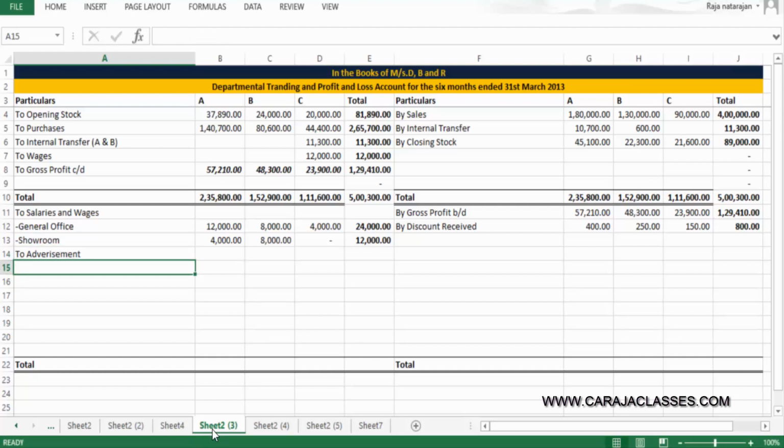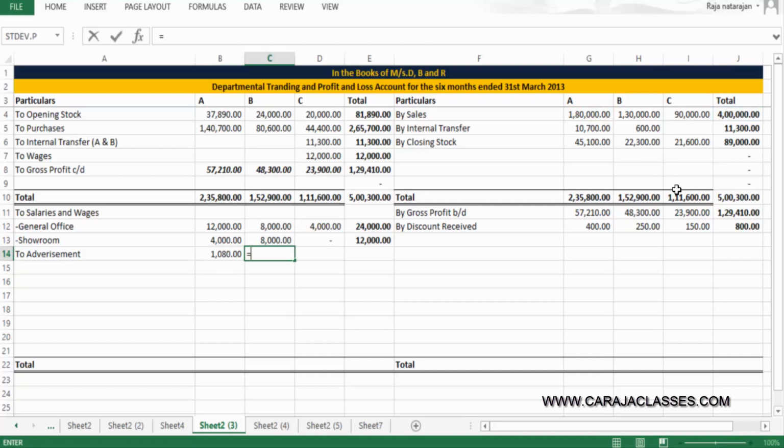And what is the advertisement amount? It is 2400. So this 2400, if I want to arrive at the sales ratio, what I have to do is compare with the total sales, which is 4 lakh, multiplied by 1,80,000. So I get 1080. Fine.